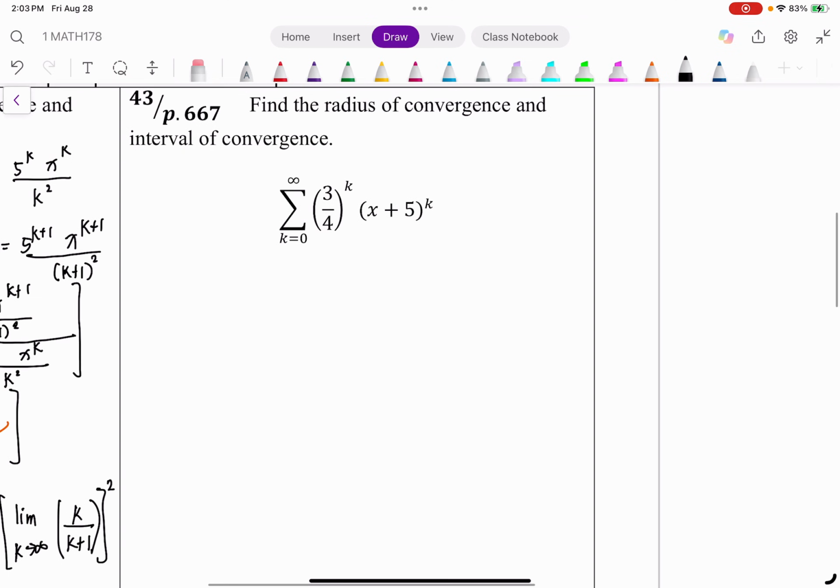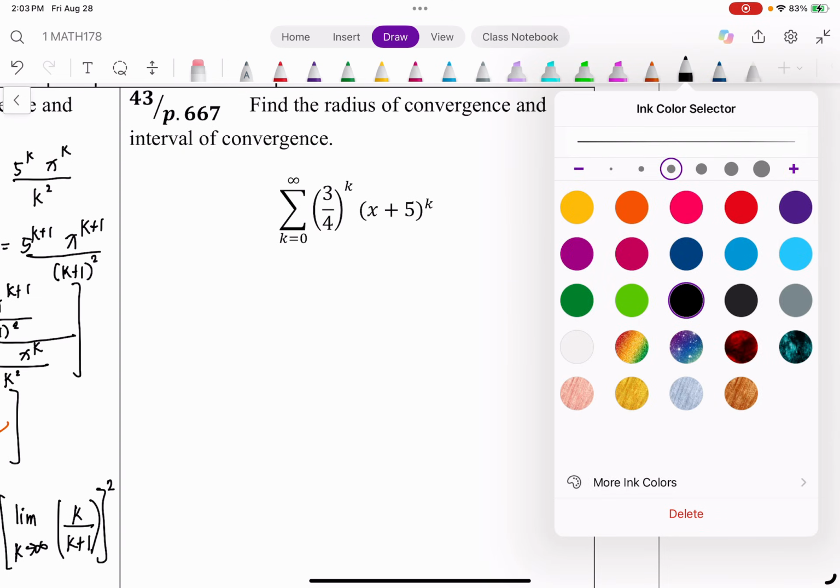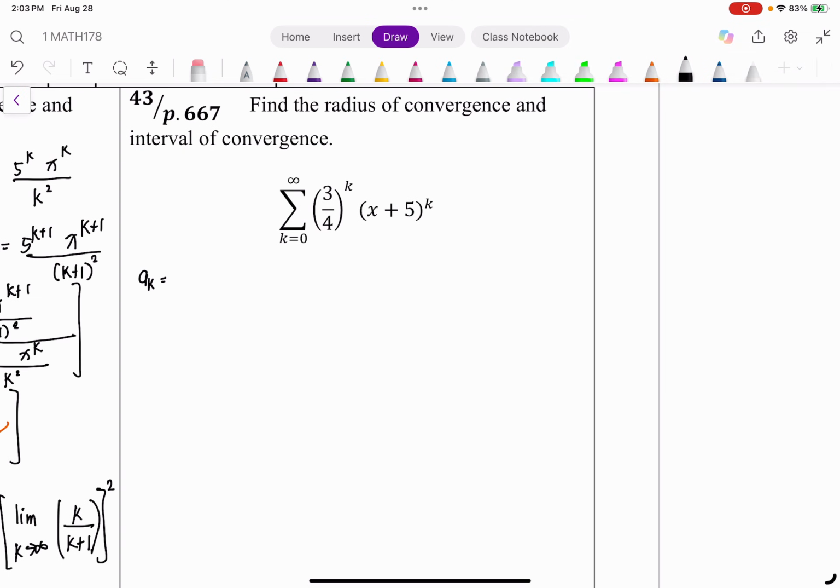Next, let's have our a sub k. What would be our a sub k here? So this would be 3 times x plus 5 all over 4 raised to k.